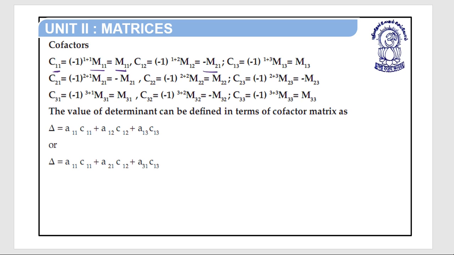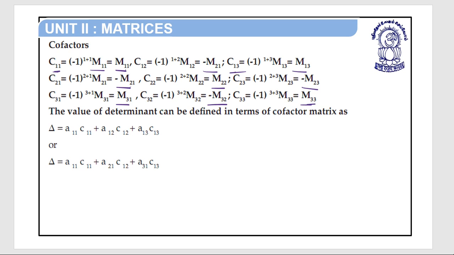C12 is minus M12, C13 is M13, C21 is minus M21, C22 is M22, C23 is minus M23, C31: 3 plus 1 is 4, an even number, so M31 is positive. C32: 3 plus 2 is 5, minus 1 raised to 5 is minus, so minus M32. C33: 3 plus 3 is 6, so positive M33.